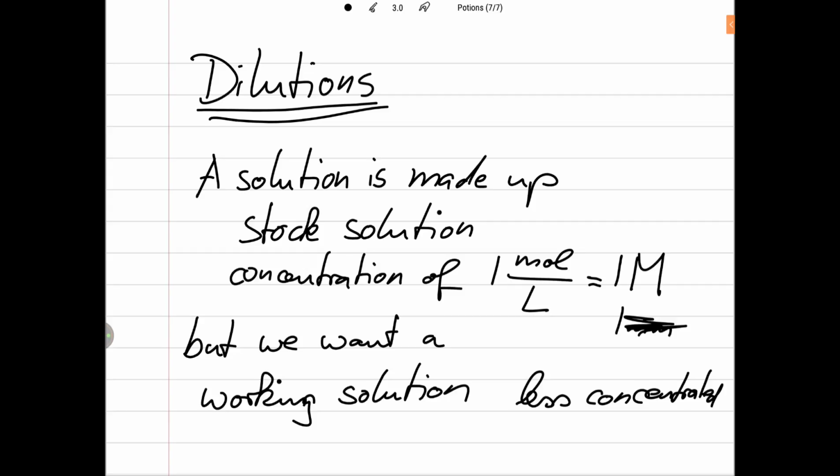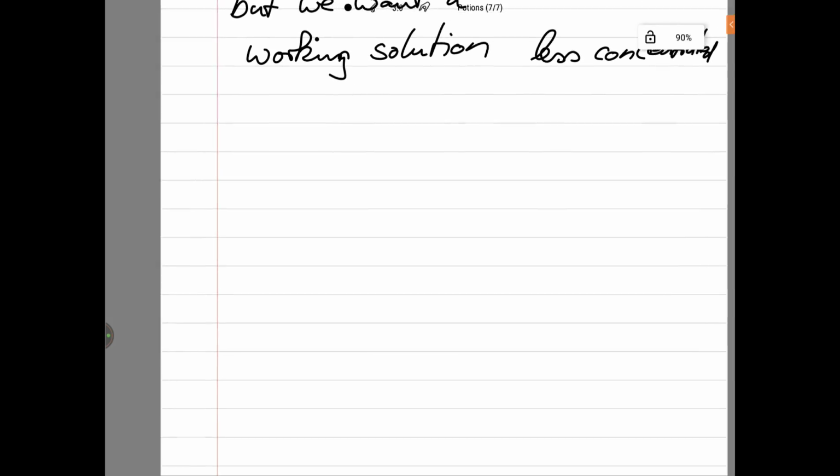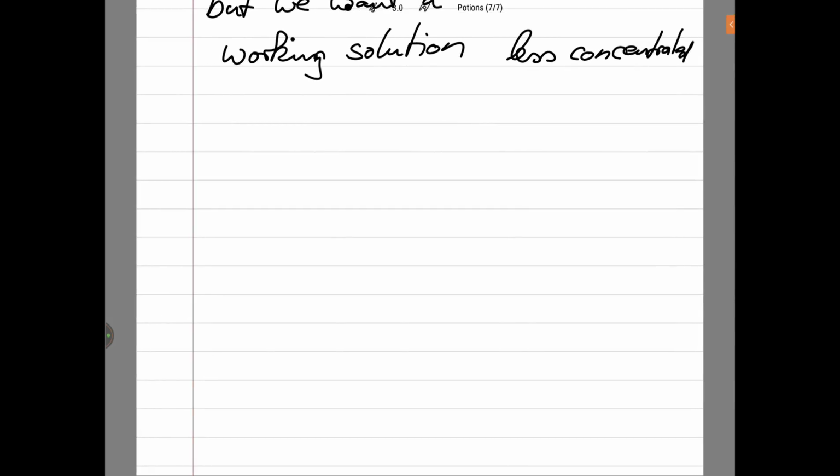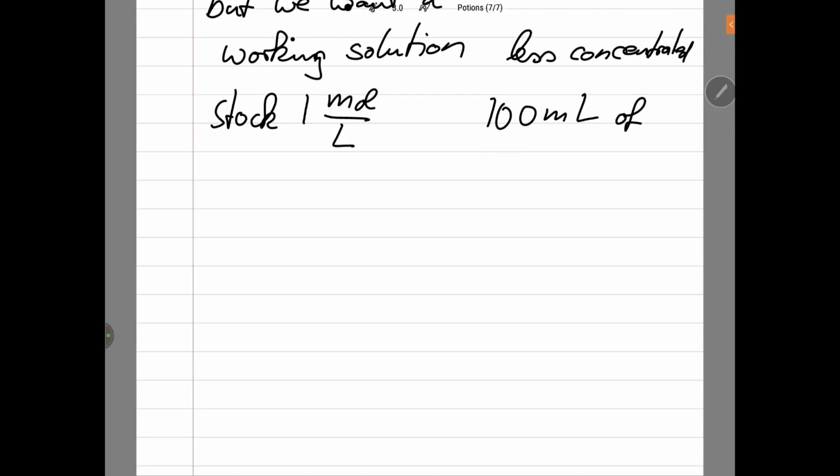So, for example, our stock solution, 1 mole per liter. And we want to have 100 milliliter of 0.1 mole per liter working solution.